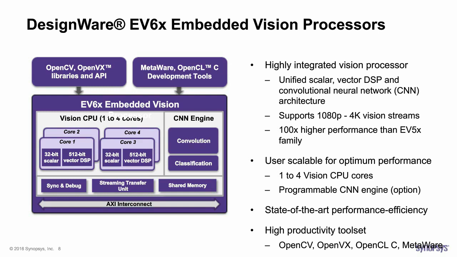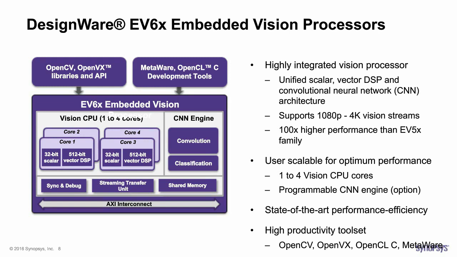So the processor brings all that together in a single package, again, small size, low power. Supports streams. Actually, you can use it for VGA if you wanted to. It can be scaled down for that, but it'll support streams up to 4K 60, which is a tremendous amount of data. That's 8 megapixels per frame of data at 60 frames per second.